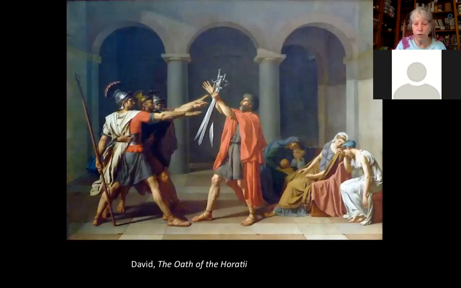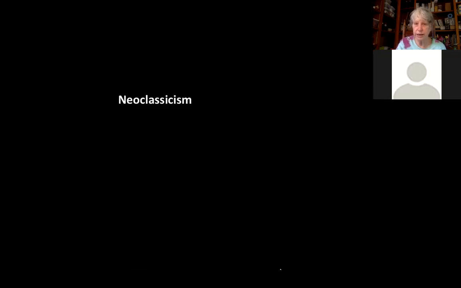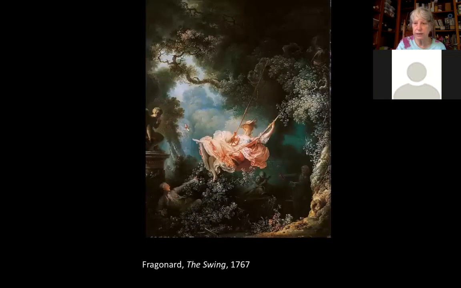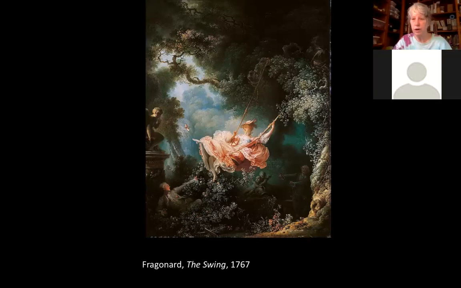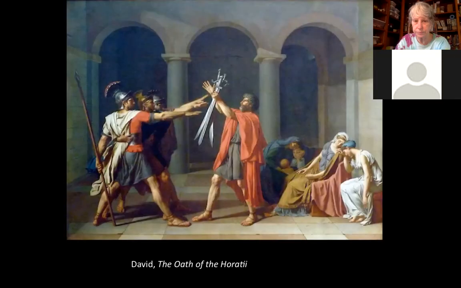And this painting is from before the French Revolution, 1784. But there was already a reaction in France against this kind of silliness in art and in society generally because of the Enlightenment and the sort of growth of the idea of democracy or a republic.